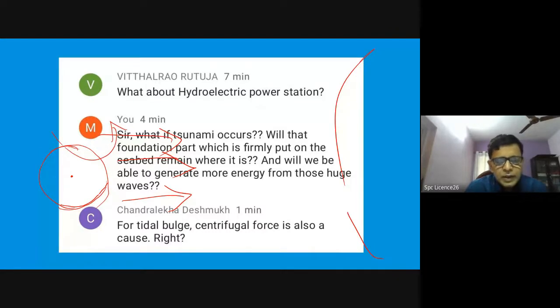So while the gravitational force of the sun is going to pull the water on the side facing it, remember that the exactly opposite side of this particular location is going to have centrifugal force.